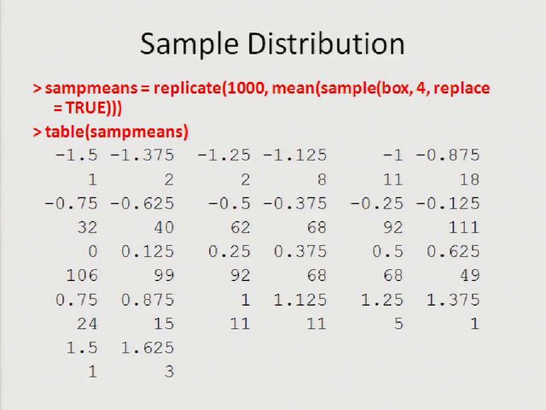So what I did was I ran a command called table on sample means, and these are my 1,000 samples. My smallest sample mean was minus 1.5, and the largest sample mean was 1.625, and that happened 3 times. So here, this is a total of 1,000 values, okay? Even though we did it 1,000 times, did we see an average of 1.75?